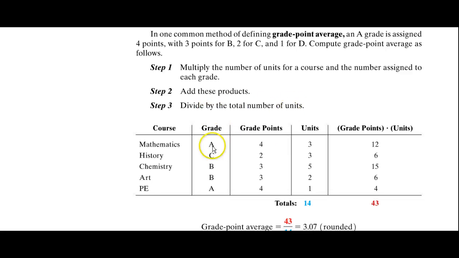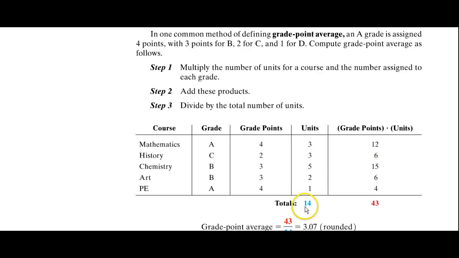So for an A, that's a grade point of 4, and there are 3 units, so 4 times 3 gives you the 12, and then following through, a C, 2 grade points, units 3, 2 times 3, 6, 3 times 5, 15, and so on.